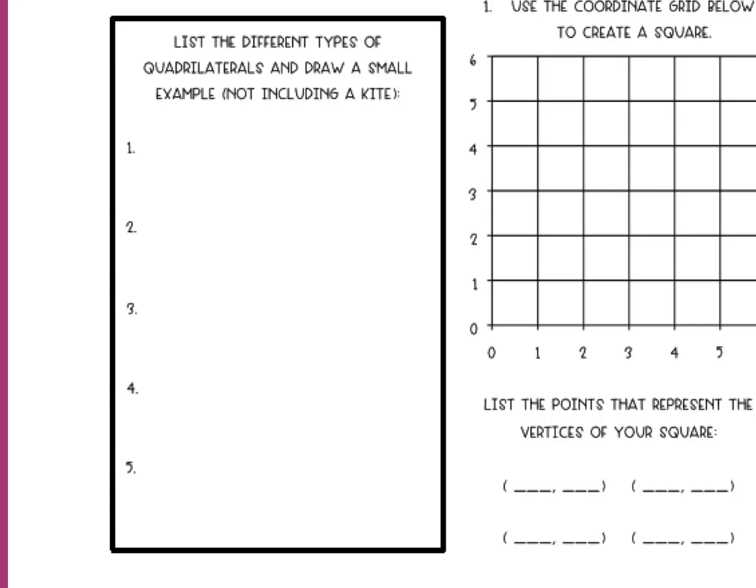Jonathan. What's my first type of quadrilateral? You don't know any type of quadrilateral? One of the 5 types. Come on, you can do it. That's not a quadrilateral.